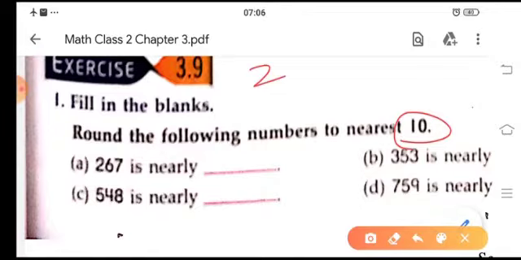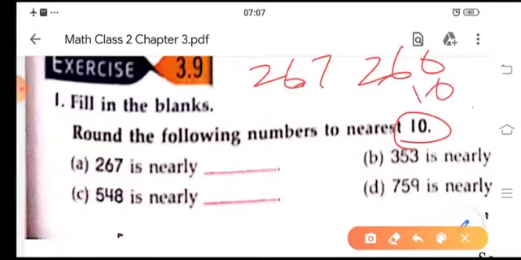If the digit at the one's place is 5 or more, then we write 0 at the one's place and then we add 10. So we write 260, because 7 is removed and we write 0 over here, and then we add 10. So what does it become? 270.